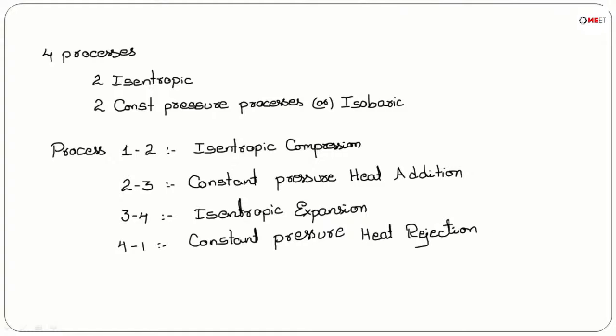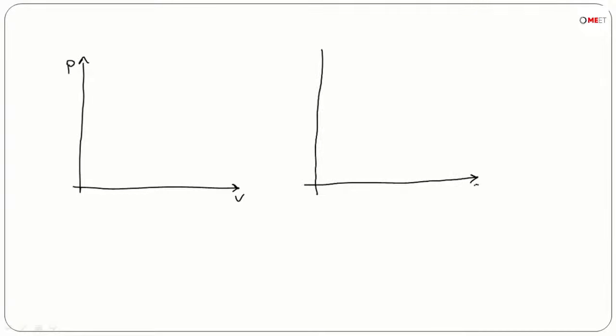Now let us see the PV and TS diagrams. So here is the PV diagram and the TS diagram. Now process 1 to 2 is isentropic compression.